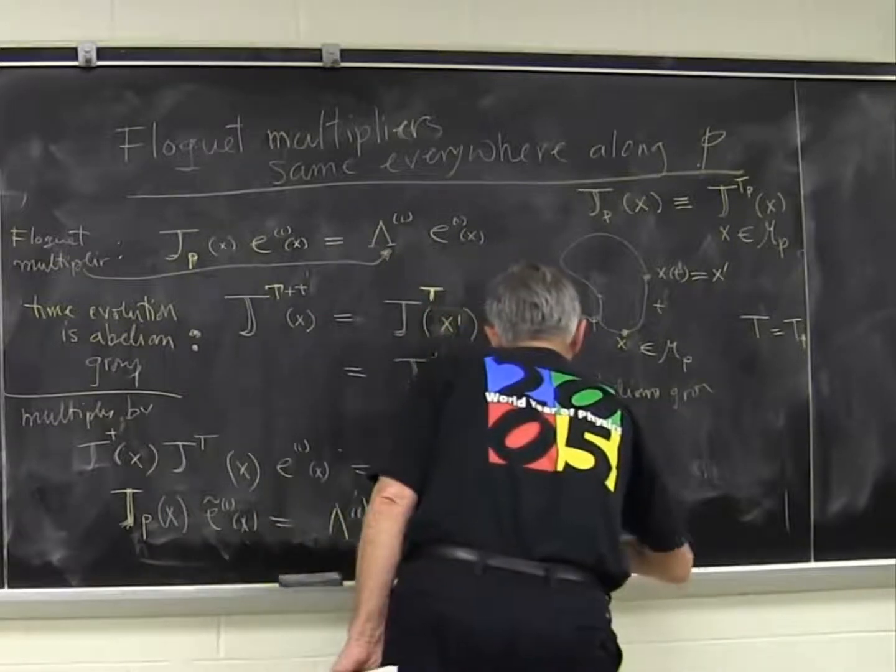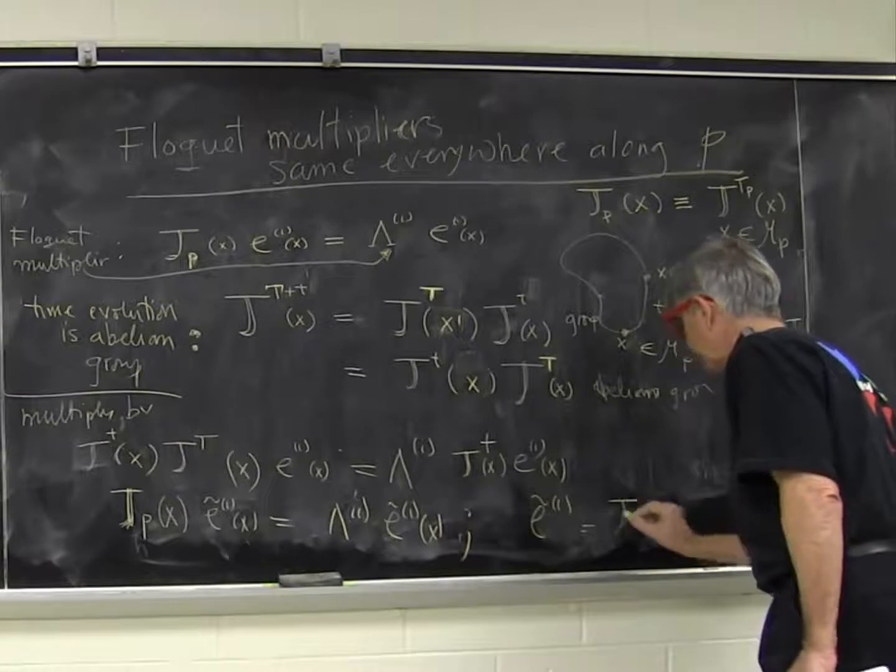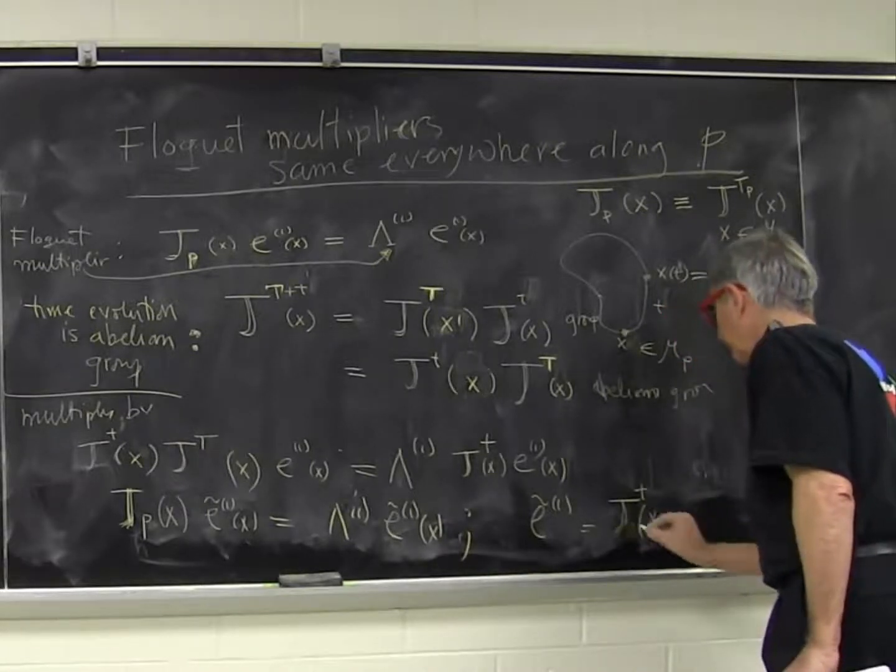But this tilde object is just the initial vector simply transported by finite time t by the finite time Jacobian.